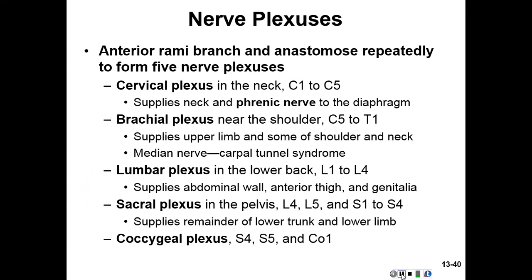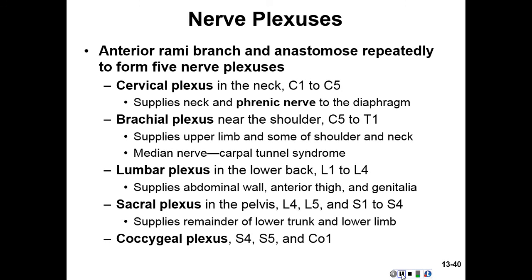Alright, let's look at our nerve plexuses. Again, you've got your anterior rami, cervical, C1 through C5, phrenic, the diaphragm, your brachial plexus. These are the ones that branch at the neck. They go under the clavicle into the armpit, C5 down to T1. So they take care of the shoulder and the neck. The median nerve is the one that affects carpal tunnel.